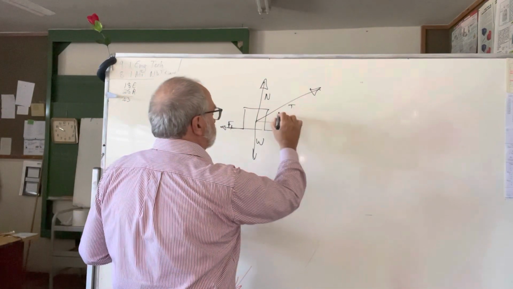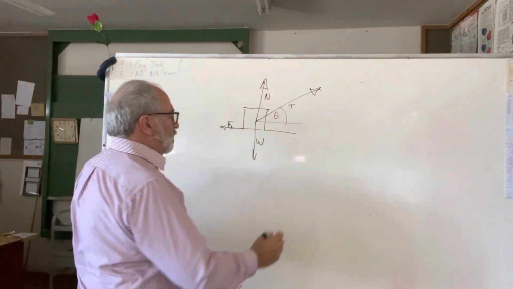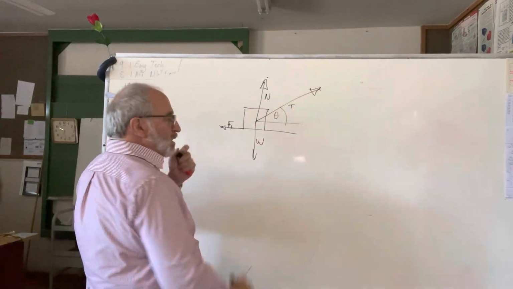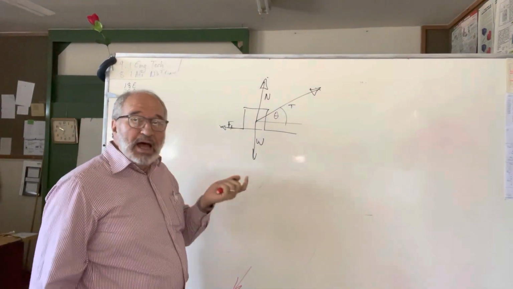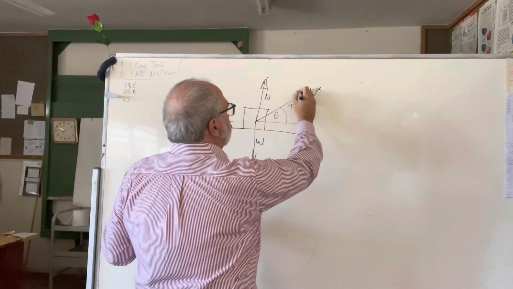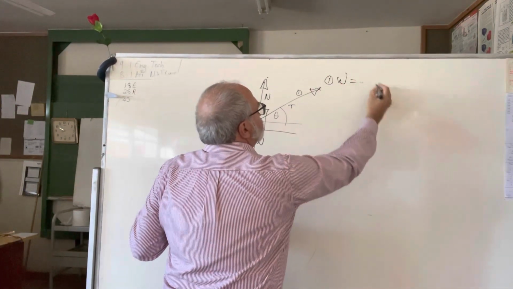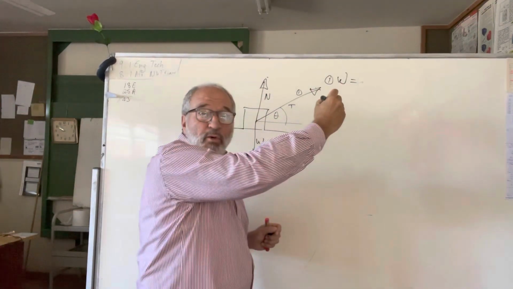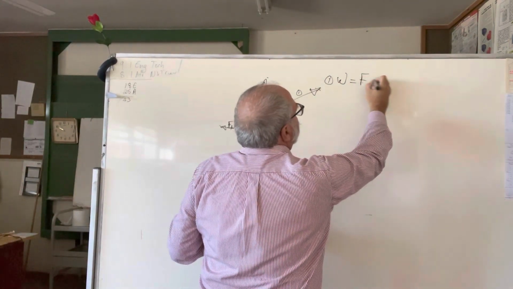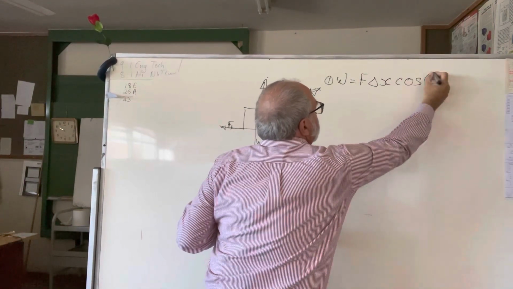Hierdie een is in 'n hoek van theta. Nou daai een, kom ons begin hier so by, so 1, 2, 3, 4. Ons kyk wat sê die vergelyking vir ons. By die eerste een, hierdie een, 1. The work done equals F delta X cos theta.